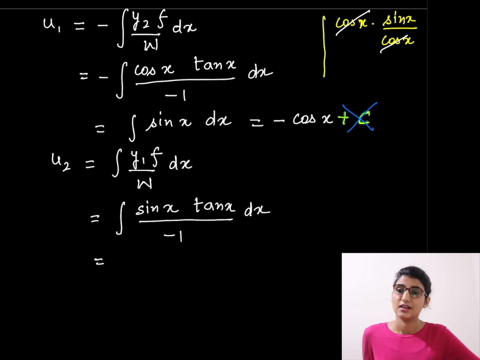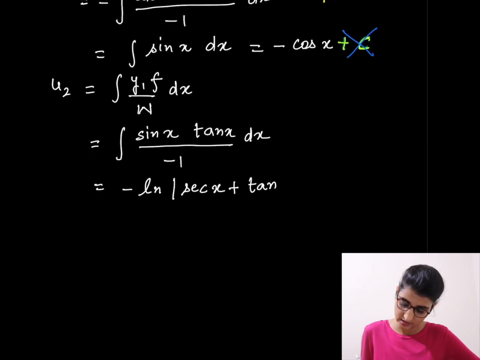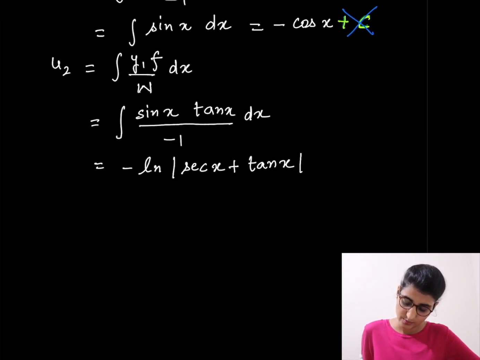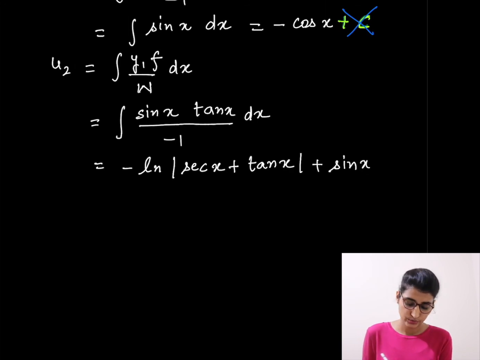I leave it to you to verify that this integration is going to be negative natural log of secant x plus tan x plus sin x. So we found our u1 and u2.